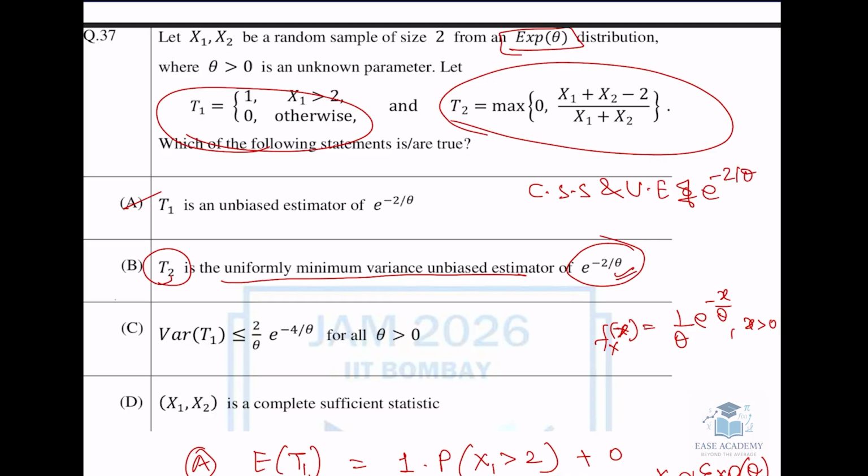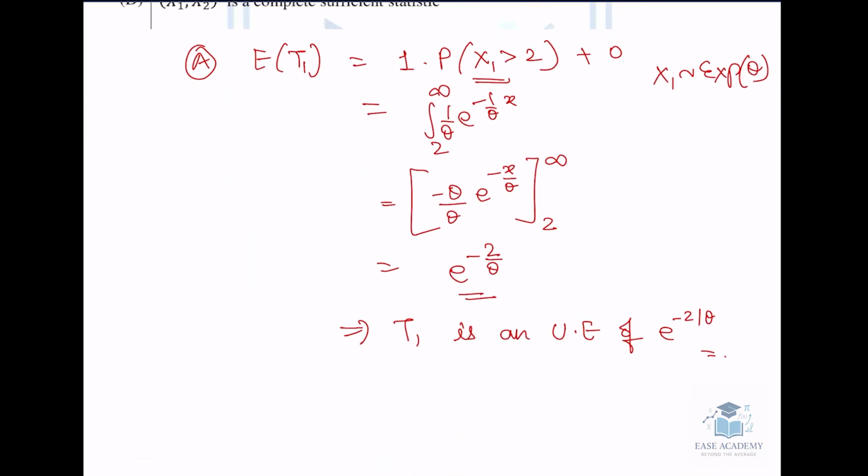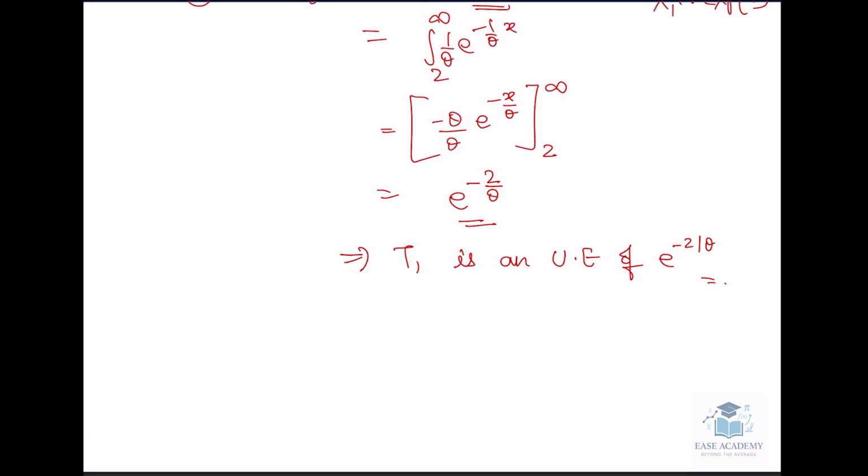Then we can say that the statistic is the UMVUE of that parameter. Here T2 is defined as this, which is a kind of complex function. So let us do some trick.